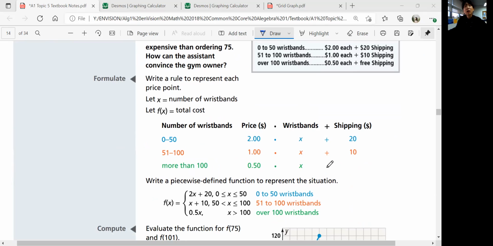So the number of wristbands is x. So 2x plus 20 is the total cost for 0 to 50 wristbands. And then x plus 10 is the total cost when you order 51 to 100 wristbands. 0.5x would be the total cost when you order more than 100.